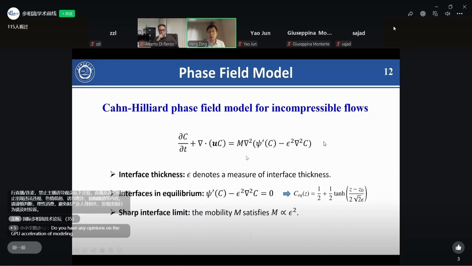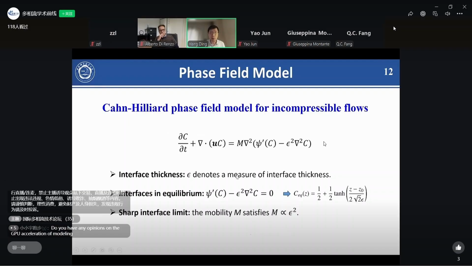However, for the macroscopic flow simulation, as we consider here, or the diffuse interface model, this term actually ensures the interface goes back to the equilibrium state.